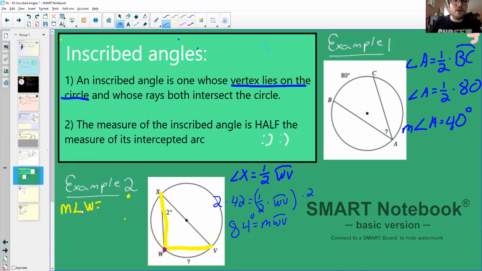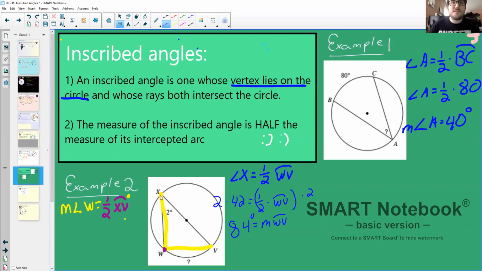So that means we know that the measure of angle W is going to be half the measure of arc XV.